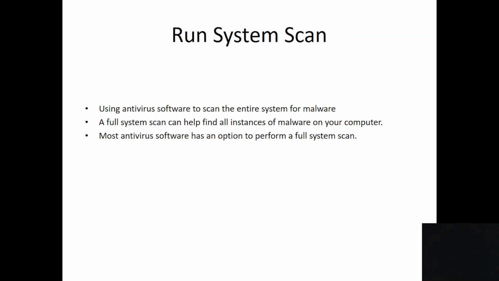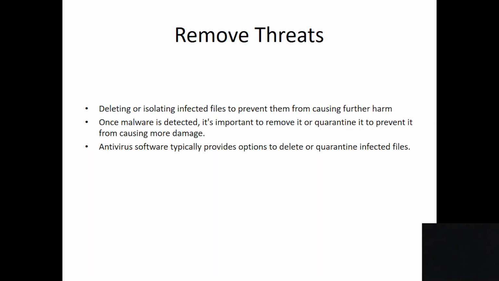Second is to run a system scan. If you have antivirus, use antivirus software to scan the entire system for malware. A full system scan can help find all instances of malware on your computer. Most antivirus software has an option to perform a full system scan.